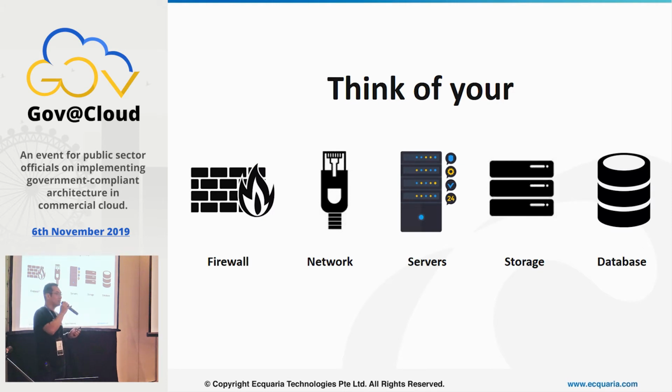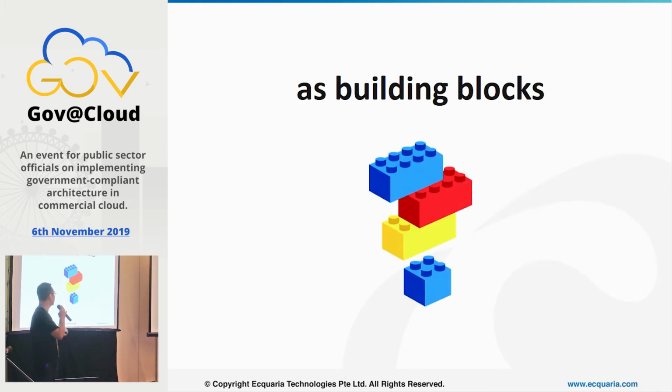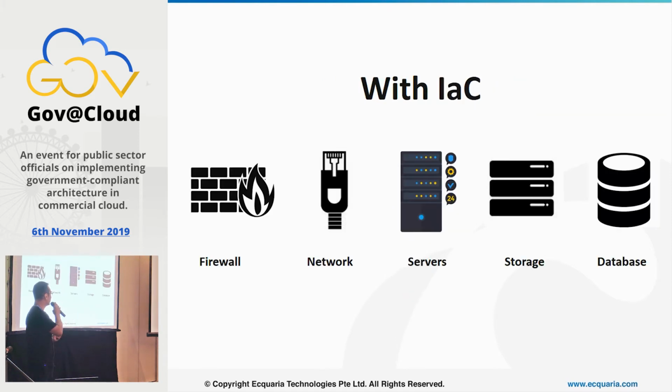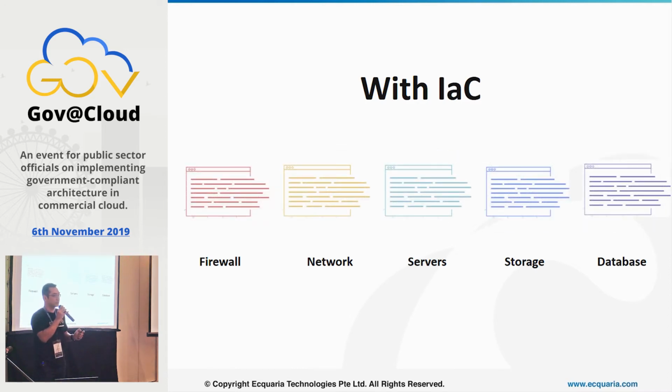Okay, how exactly does it work? Think of your main core infrastructure components like firewall, network, server, storage, databases. Think of them as Lego building blocks. We turn these building blocks into individual codes, into modules.